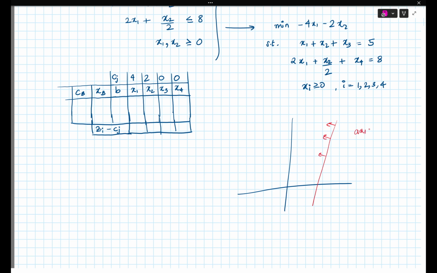Some a1 transpose x less than or equal to b1. We saw in the graphical solution part that you just need to look at the vertices to find the optimal solution, whichever has the lowest objective value.